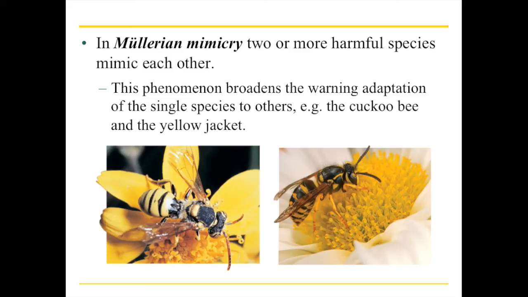An individual bee will do that. So even though they can sting, the bee might get a little bit of an advantage by being mistaken for a yellow jacket, because yellow jackets can sting multiple times. And if organisms have learned about that yellow and black color pattern, then they might stay away and leave the bee alone. So Batesian versus Mullerian mimicry are very important.